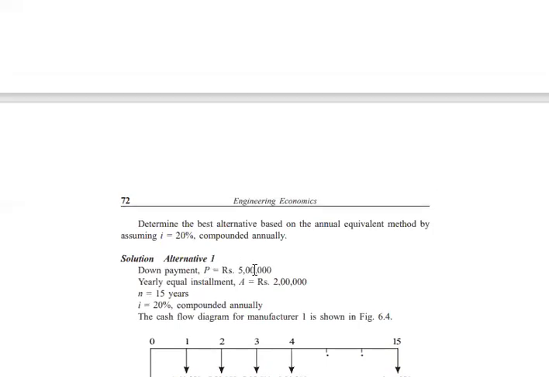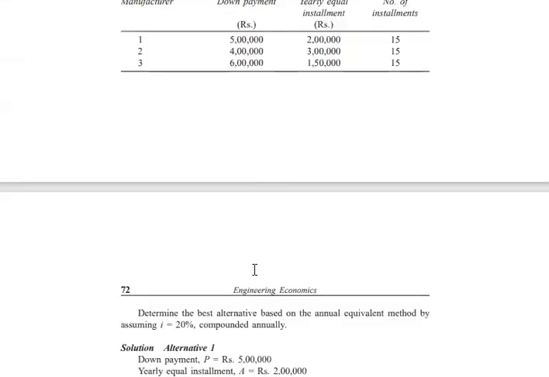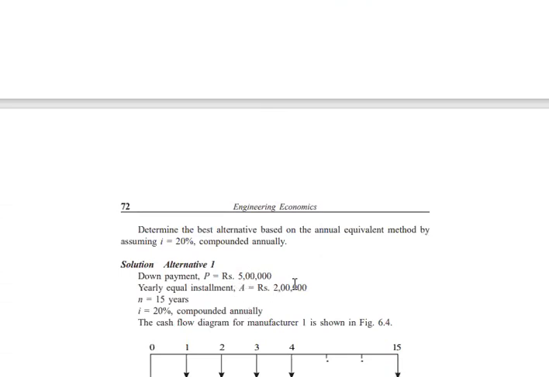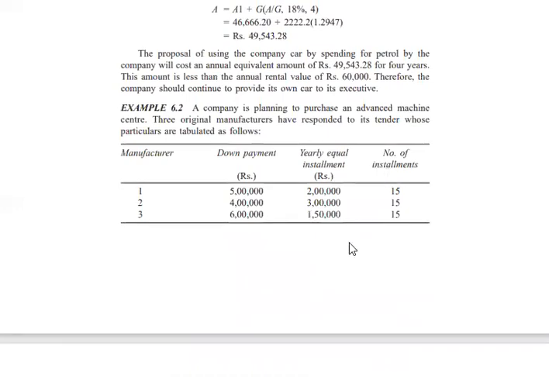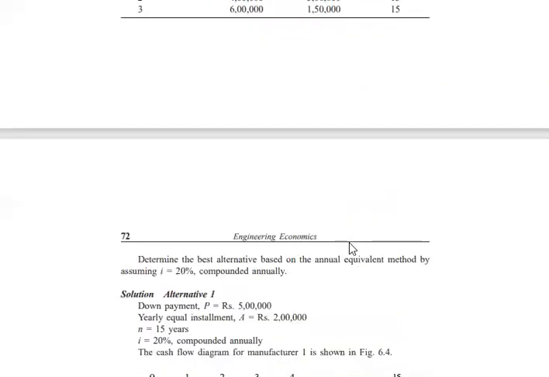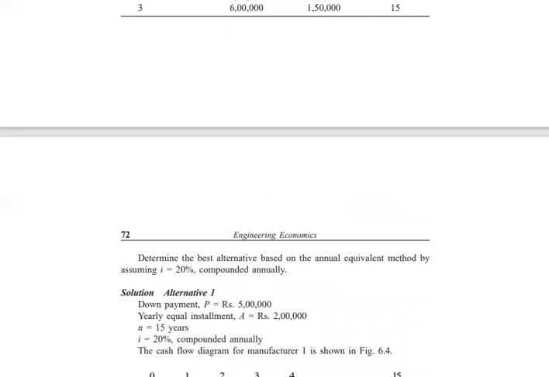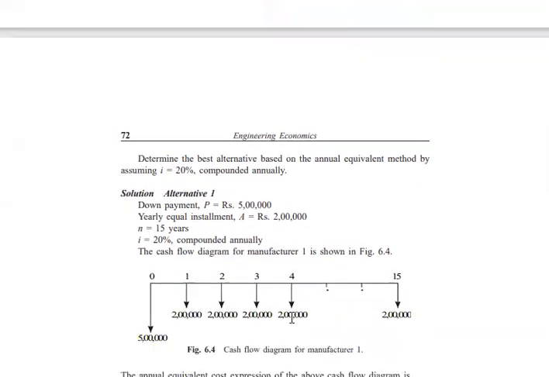The annual. So that A is 2 lakhs you're providing, with N, the number of installments, being 15, at 20 percentage interest compounded annually, right? So the yearly installment is 2 lakhs as given in the table.